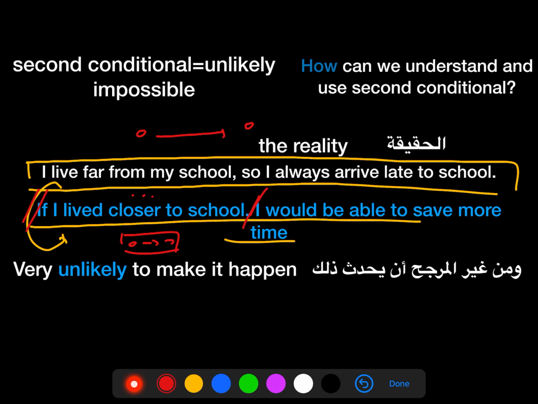If this person lived closer to school, this person says, I would be able to save more time. But this is unlikely, and impossible to make happen. It is not like first conditional. It is not like zero conditional. It will not happen, and also it's not 100% true.